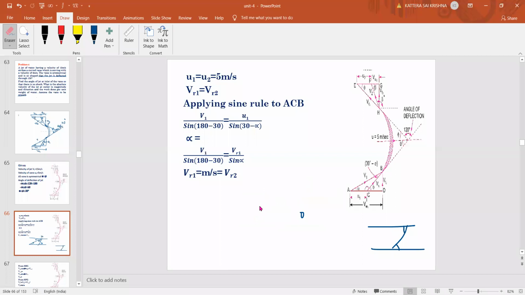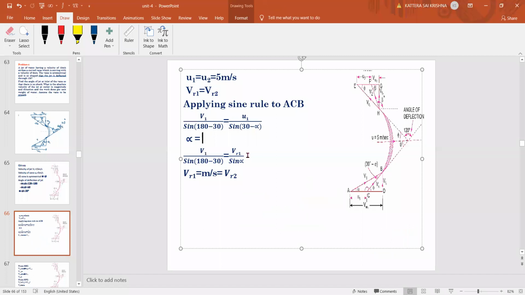Just I'll erase this. Right. So now you can find the alpha value. So alpha equals, anybody who has solved this? Fast, please. We don't have time.